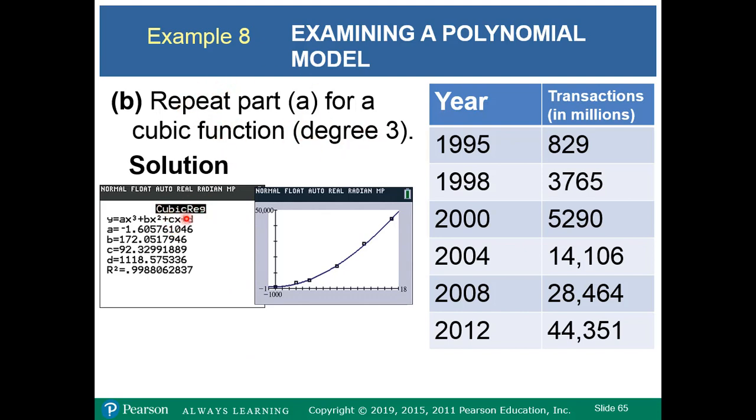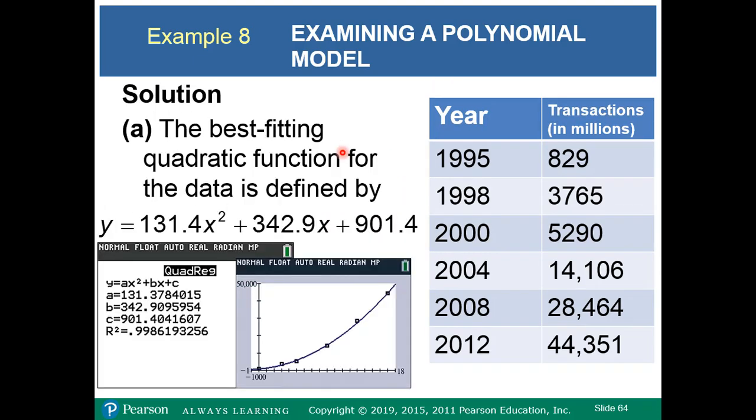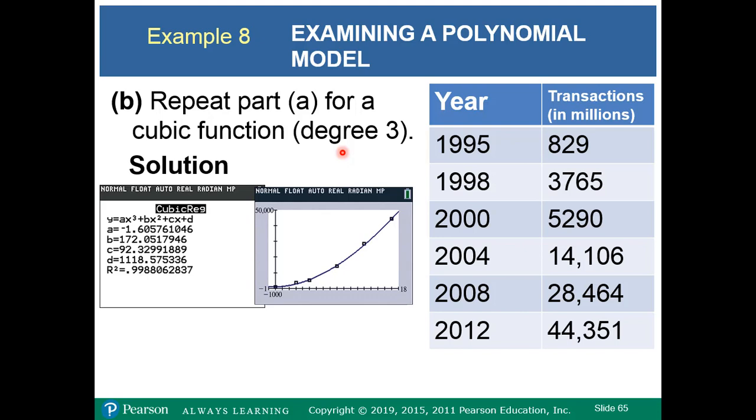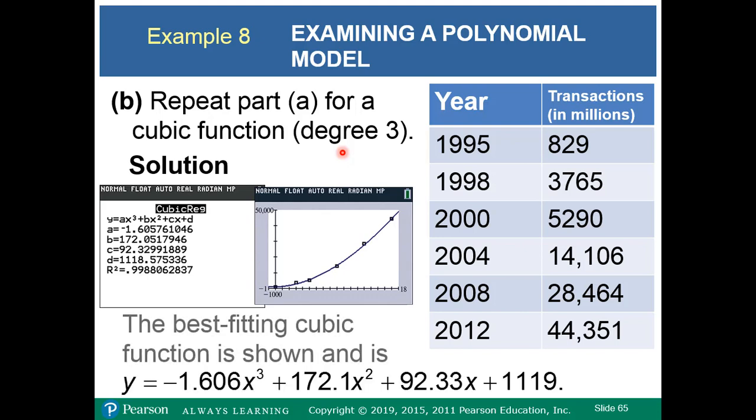So now we go to cubic regression, and we find, oh, here's one that fits a cubic. It could be a cubic function. And there's the best fitting cubic function.